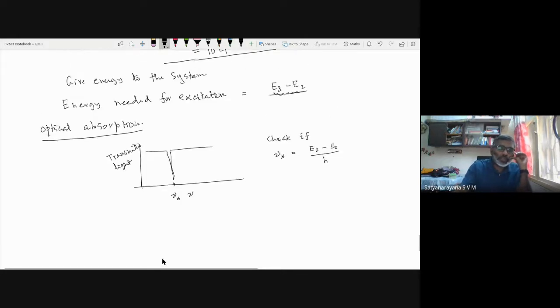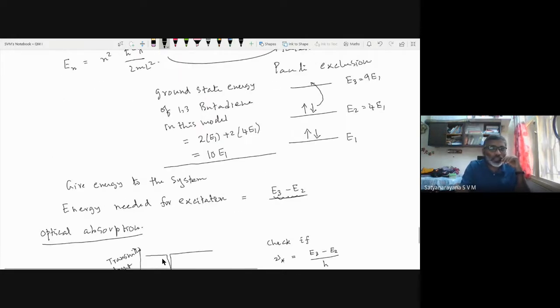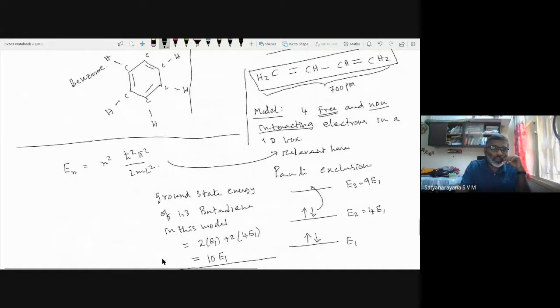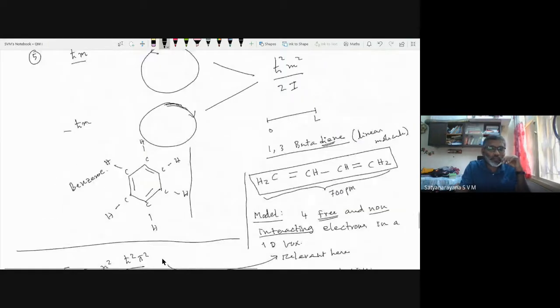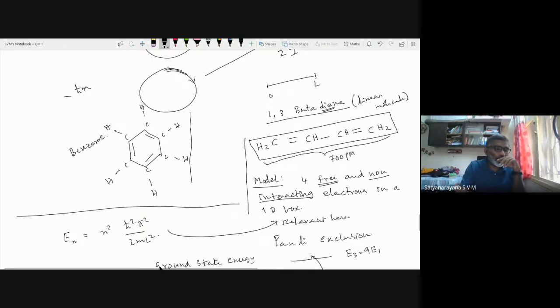This is another example where chemistry people directly use the results of quantum mechanics in their laboratory. In fact, 1,3-butadiene at room temperature is a liquid. So one can do this optical absorption experiment by just taking that liquid in a small bottle and putting it in the optical absorption equipment, where radiation of different frequencies is made incident on it, and the transmitted intensity is measured.